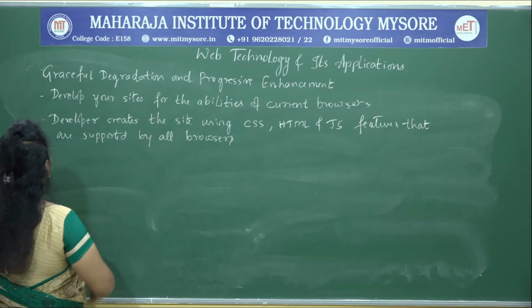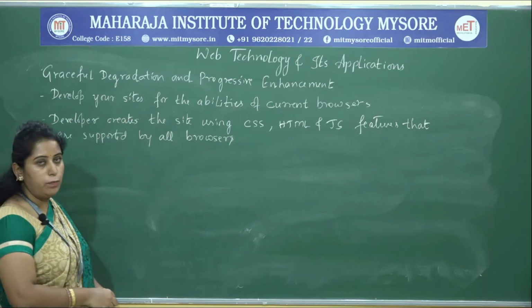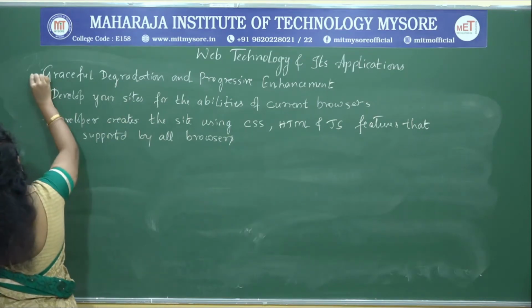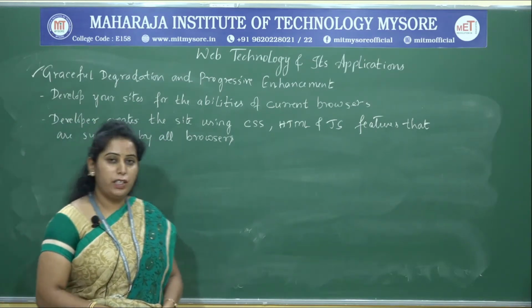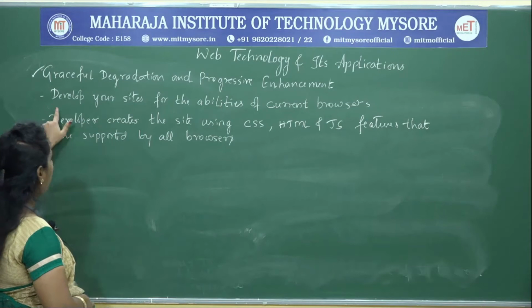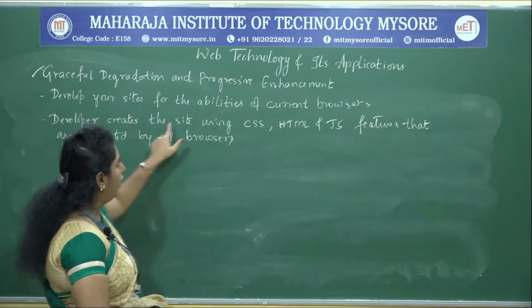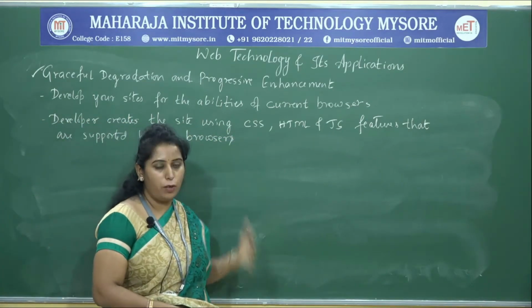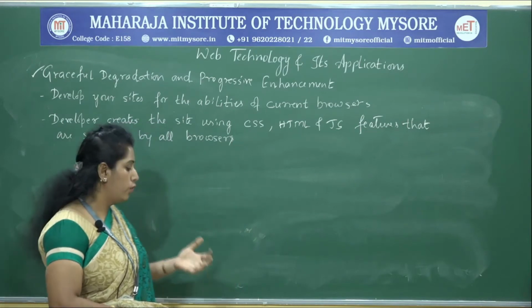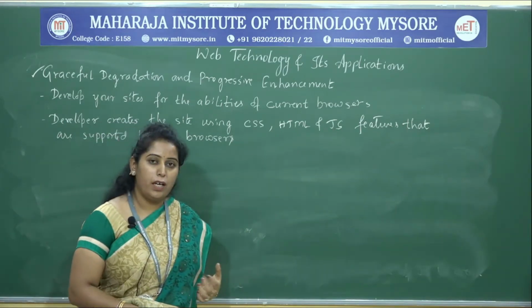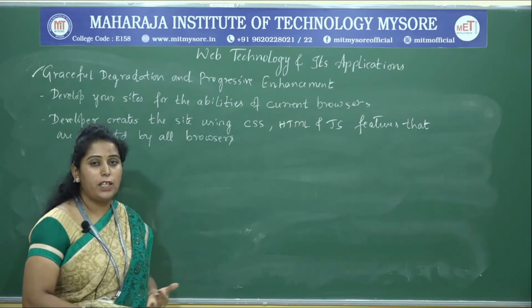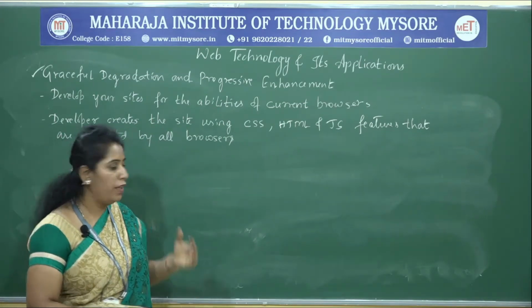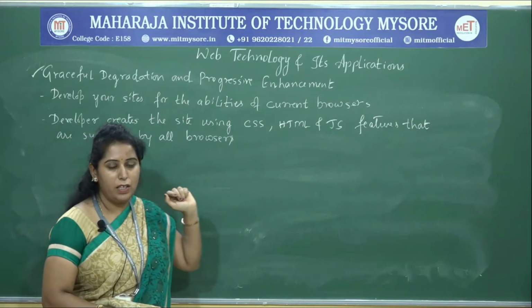Next is graceful degradation and progressive enhancement. The principle of graceful degradation is to develop your sites for the abilities of the current browser. Whichever current browser we are using, by thinking of the capabilities of those browsers, we can develop a site.